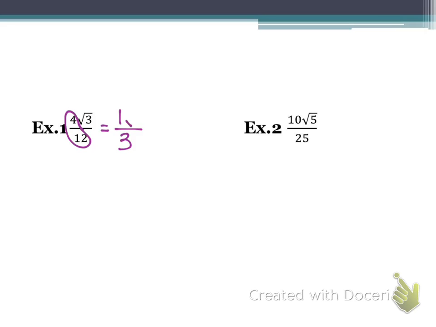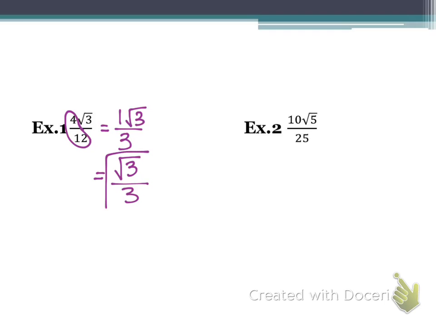By the 1. The square root 3 is not moving, it's not changing. That's it. If you didn't write the 1 in the front, it would still be correct. It's kind of like 1x and x being the same thing. You could write it as just square root of 3 over 3.